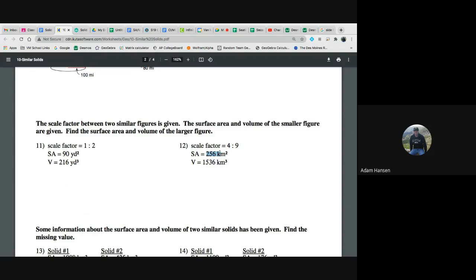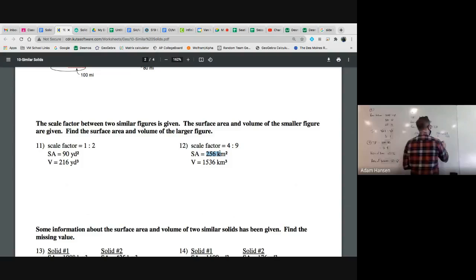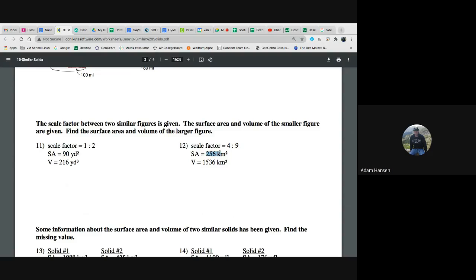It's 1536 times 729. A big number. Then you just divide by 64, and it's 17,496. Cubic kilometers.